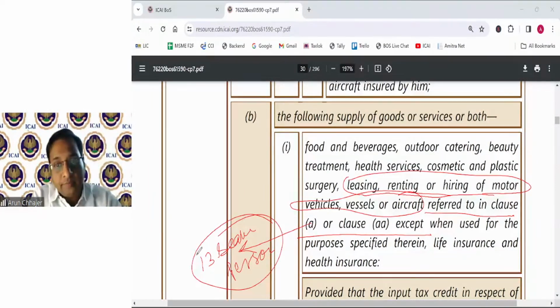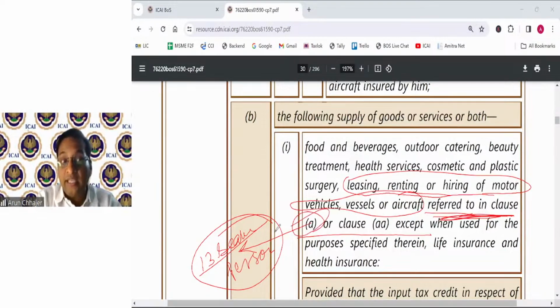It means if I have taken a bus on rent, I can take the ITC because it is not the vehicle referred to in clause A. Which vehicle is referred to in clause A? The 13-seater vehicle, the transportation of passenger vehicle. Let's say I have purchased a transportation of goods vehicle. You have given the answer: ITC allowed.